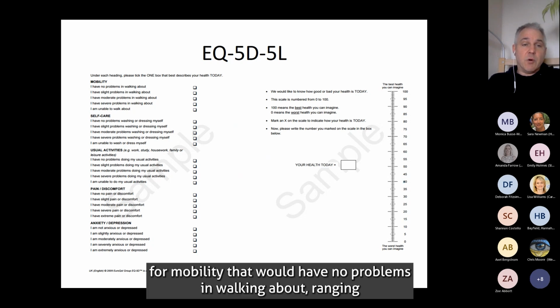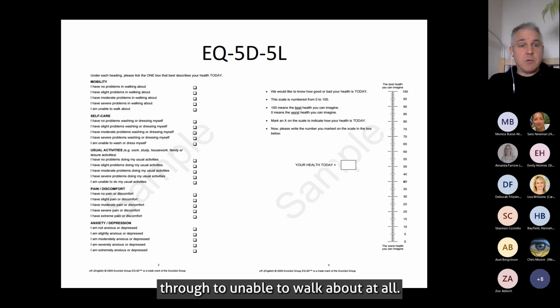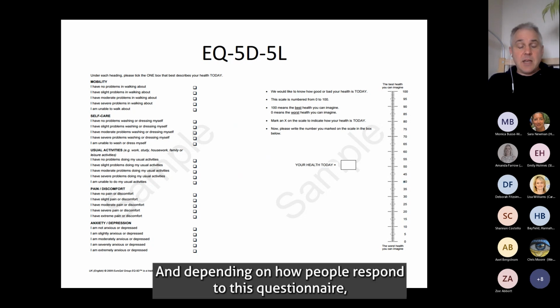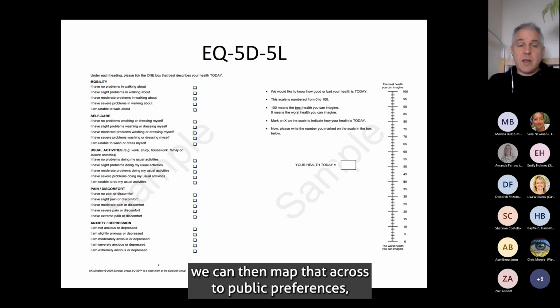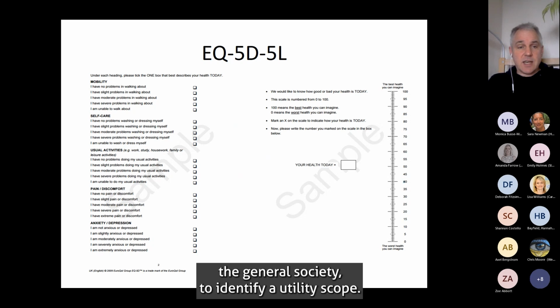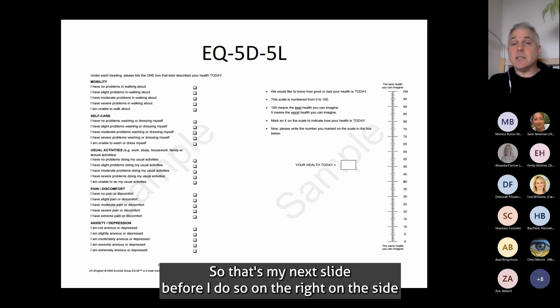For instance, for mobility, they would have no problems in walking about, ranging through to unable to walk about at all. And depending on how people respond to this questionnaire, we can then map that across to public preferences of the general society to identify a utility score. I'll show that in my next slide.